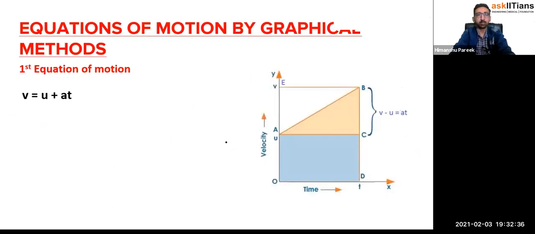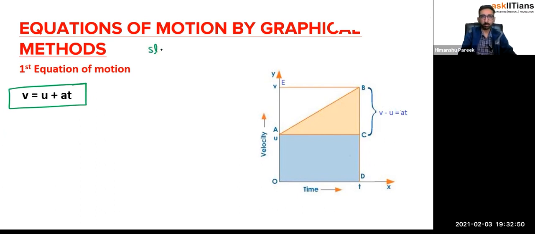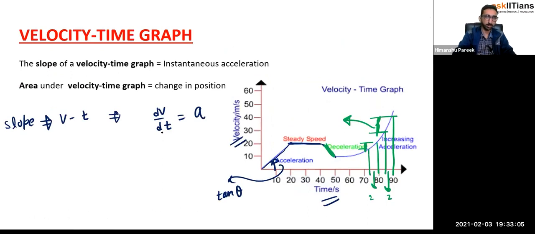Now we can start our equations of motion by graphical methods. First of all, you can see the first equation of motion. Let us derive it. It's very simple to derive. You just need to know that the slope of the velocity time graph gives you acceleration, as we said before, dv by dt.